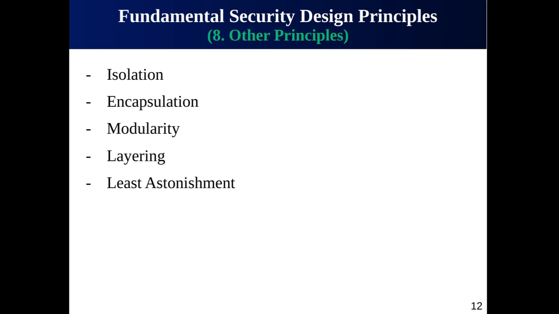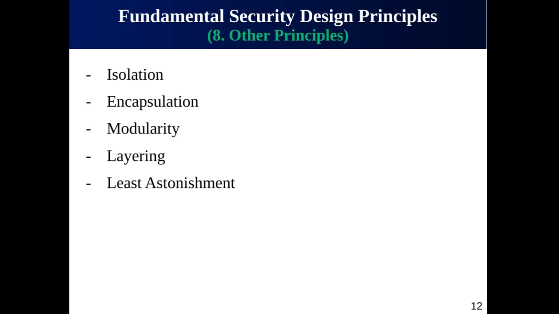Isolation also means that the processes and files of individual users should be isolated from one another except where it is explicitly desired, like in the case of virtualization. And isolation also means that the security mechanism should be isolated from the access mechanism. And also we have encapsulation, but we will not go into further details of these components.